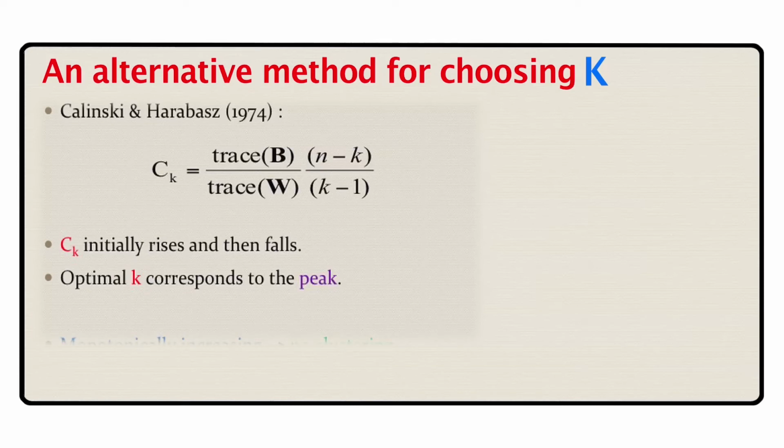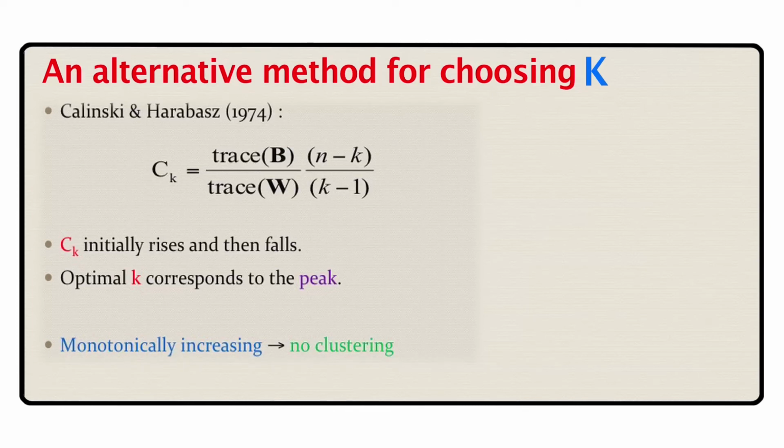So this second factor would actually be decreasing with k. The first factor increases with k and the second factor decreases with k. So there is a trade-off. Once you go beyond the optimal number of clusters, this Ck value would start falling, and you should stop when you reach the peak.